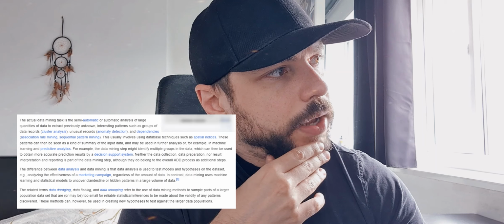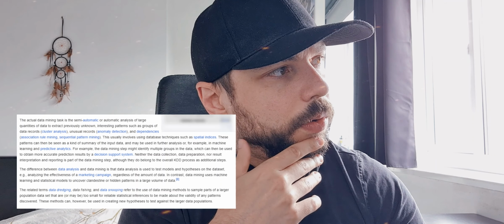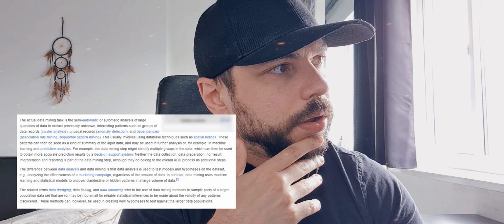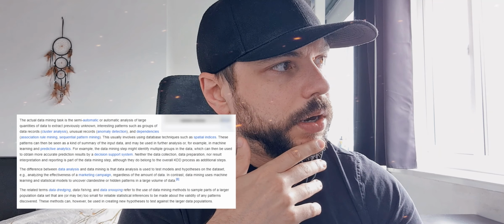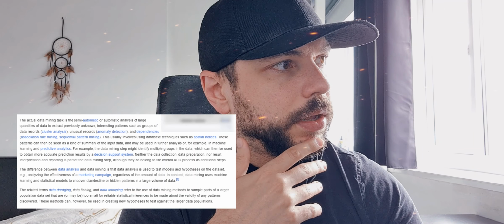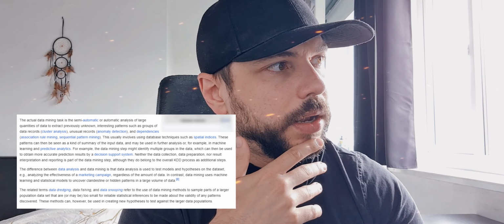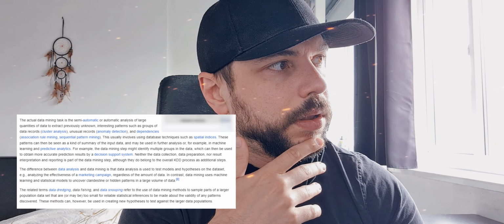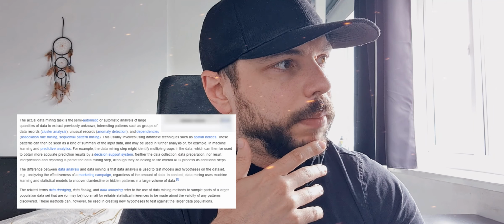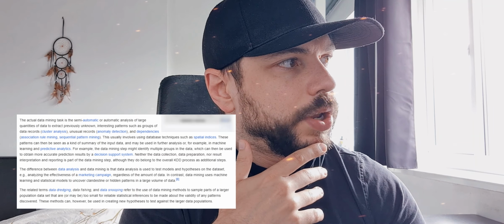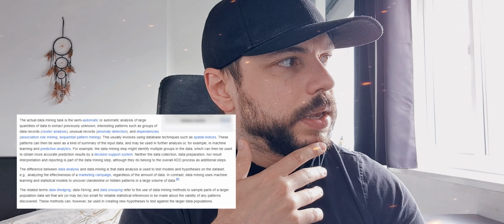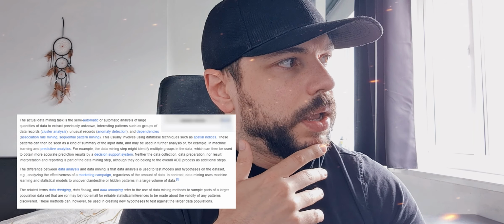The actual data mining task is the semi-automatic, or perhaps it should be, automatic analysis of large quantities of data to extract previously unknown, interesting patterns such as groups of data records, cluster analysis, unusual records, anomaly detection, and/or dependencies. This usually involves using database techniques such as spatial indices.